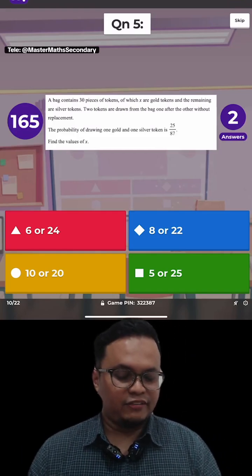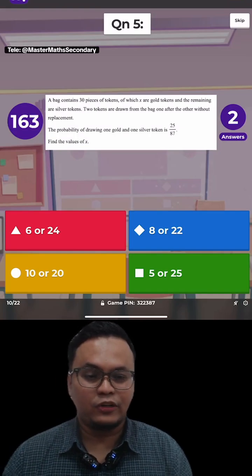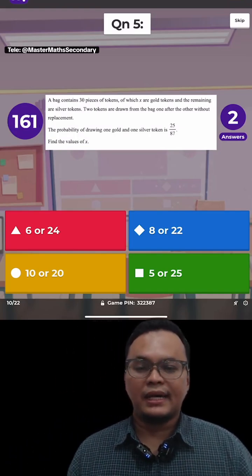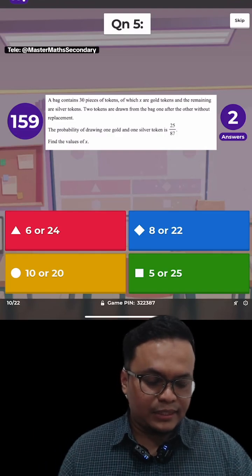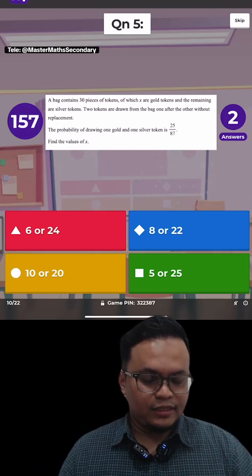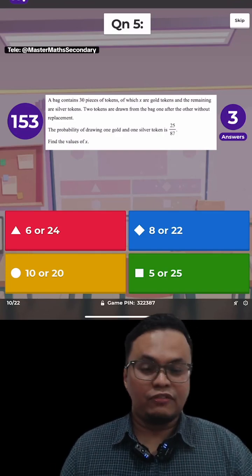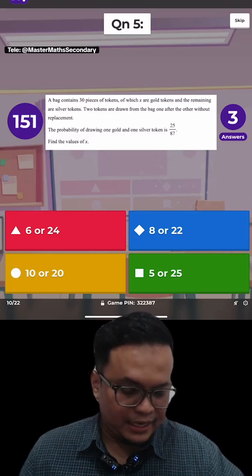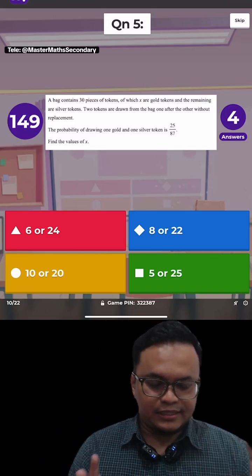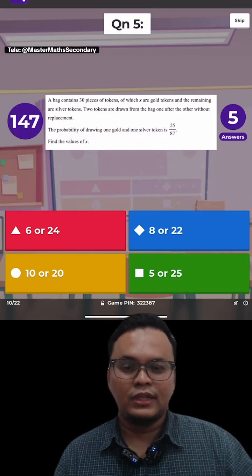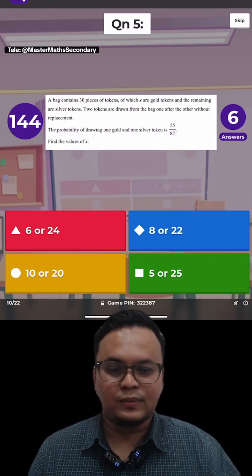Find the value of x. Same context as the earlier question, but now they are giving us a little bit of information. This question is a little bit more difficult, so I've given you 3 minutes for this one.